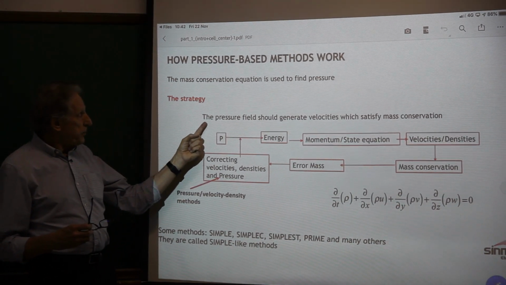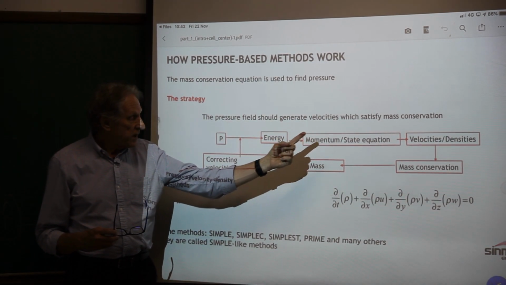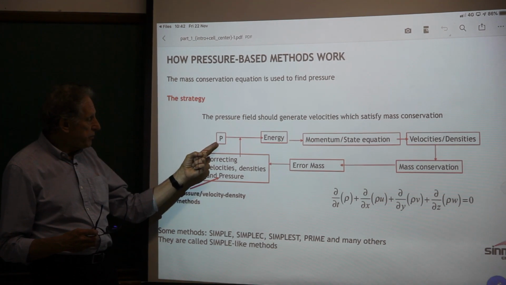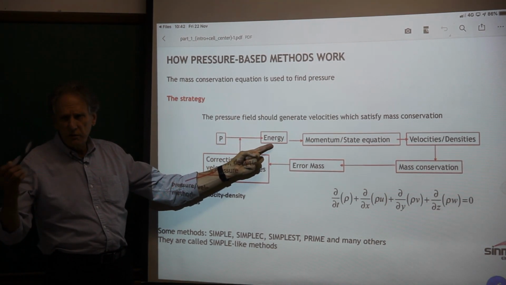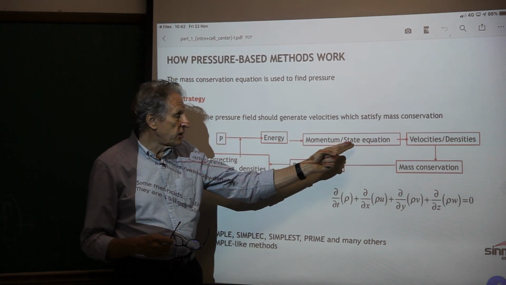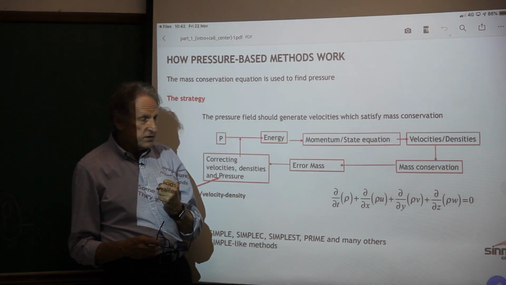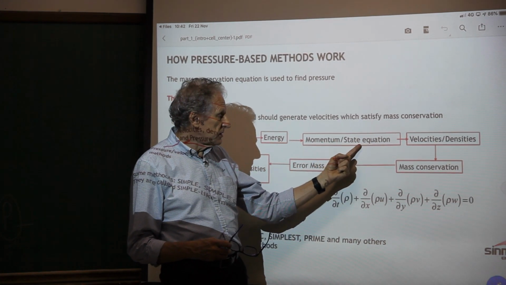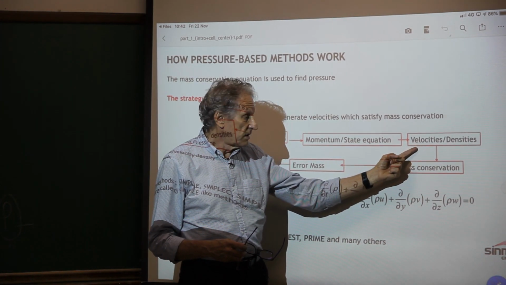So the pressure field should generate velocities which satisfy mass conservation. Then you have a pressure field, you have the energy equation, you solve for temperature, you have the momentum and the state equations. From the momentum, you take velocities. From the state equations, you get densities.